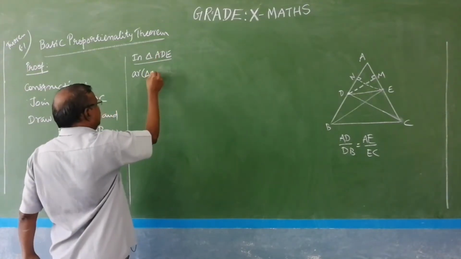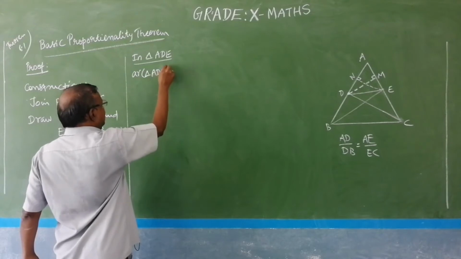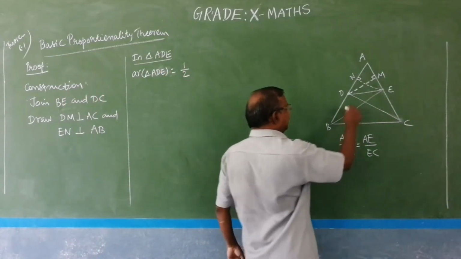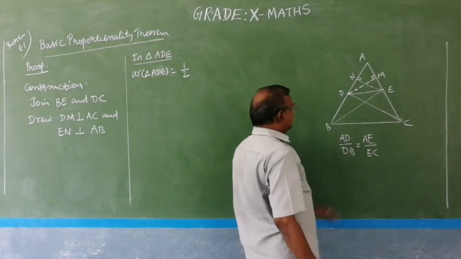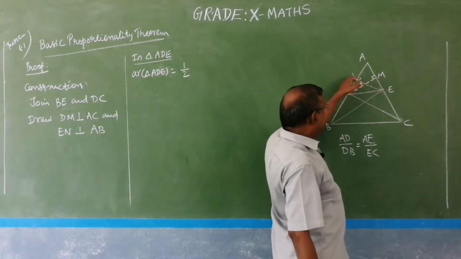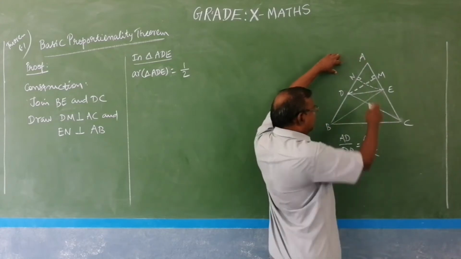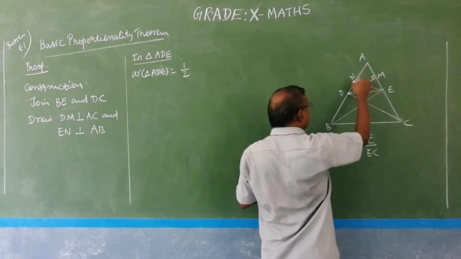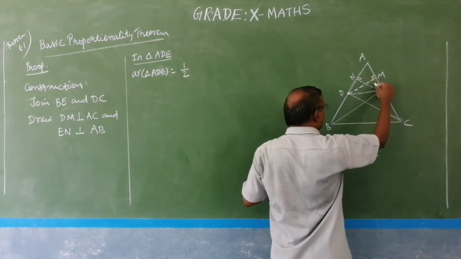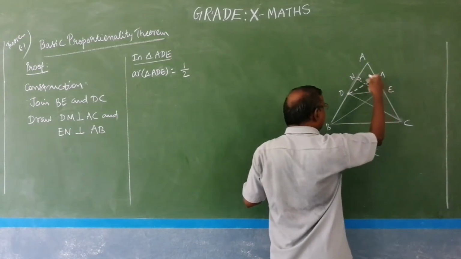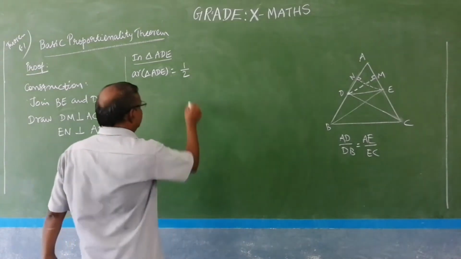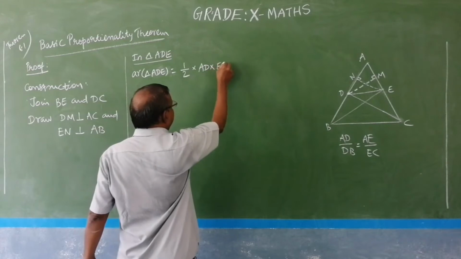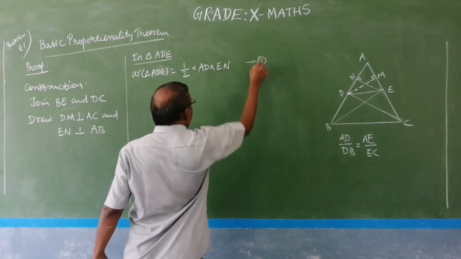Area of triangle ADE is equal to half into base. In this triangle ADE we can use AD as base, and so EN must be the perpendicular altitude. So half into base AD into height EN. Say this is 1.